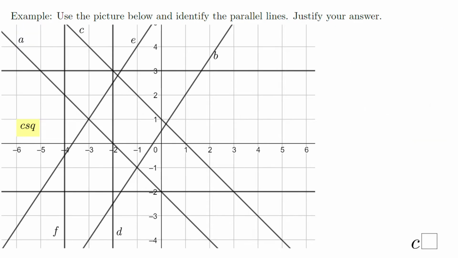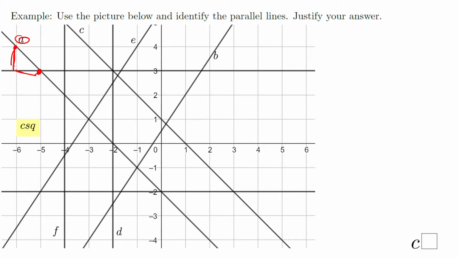Now let's take a look at this first example with the picture below and identify the parallel lines. Justify your answer. So we're going to start with each line. I'm going to start with line A. I want to see the slope, so I can get any 2 points. I'm going to take this one, which is the closest, and this one.